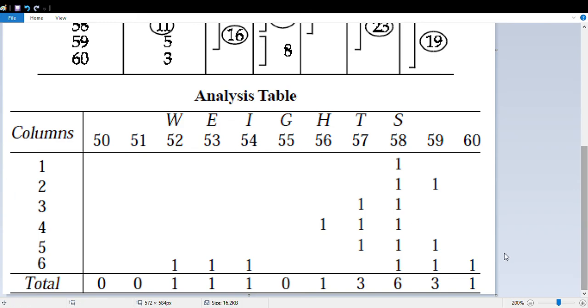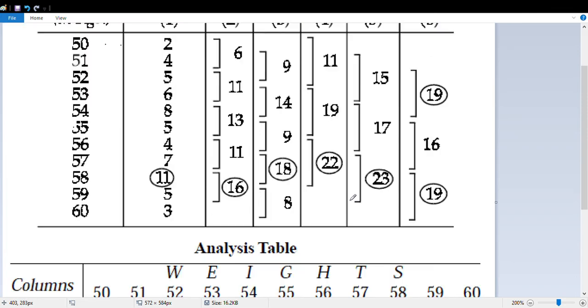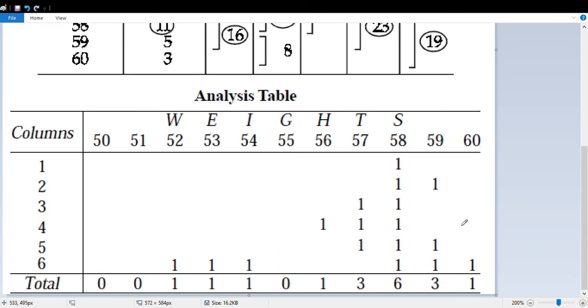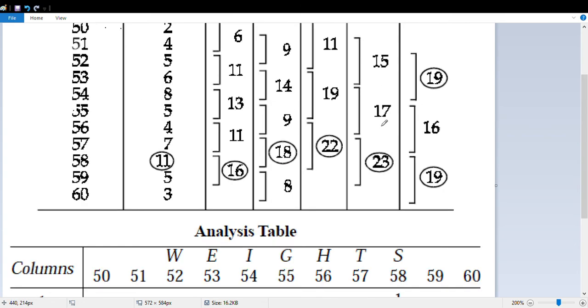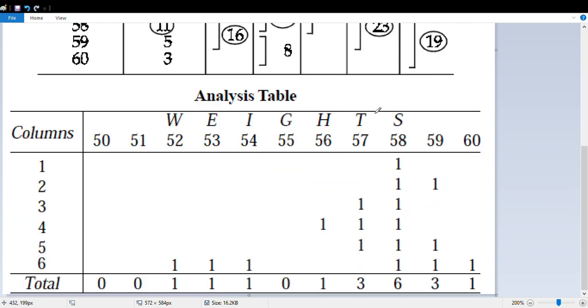In column number 4 the highest frequency is 22. How do we get 22? 4 plus 7 is 11, 11 plus 11 is 22. Corresponding to these frequencies the variables are 57, 58, 59. Under 57, 58, 59 we put tally bars.